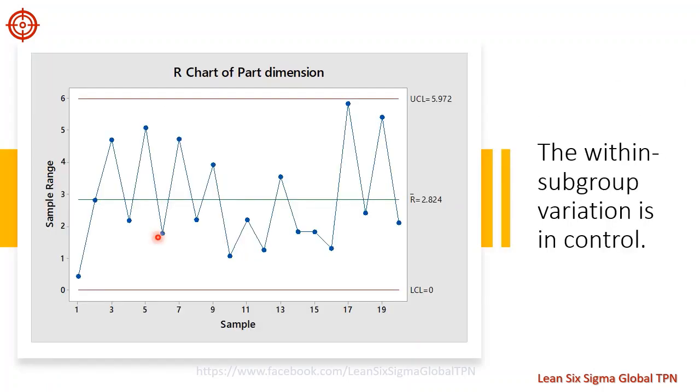We then created an R chart by plotting subgroup ranges in a time order series. According to the R chart, the variation within subgroups is consistent over time. So we can now proceed to the X bar chart with confidence.